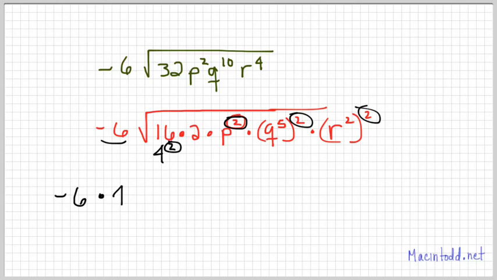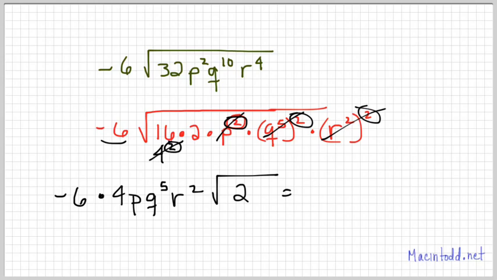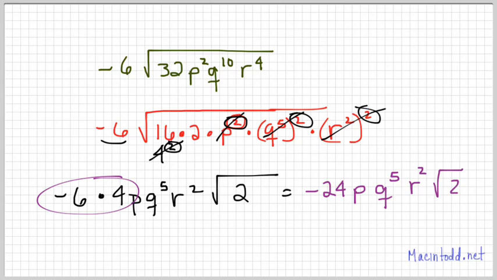So I'm bringing out a 4 because the 4 is a perfect square, a p because p is a perfect square, a q to the 5th because q to the 5th was squared, and an r squared. And I'm left inside with just a 2, it looks like. And so my final answer would be negative 24, when I multiply them, p q to the 5th r squared root 2.